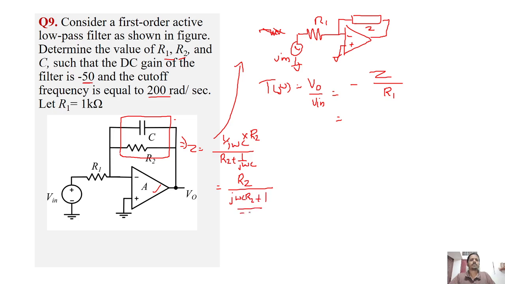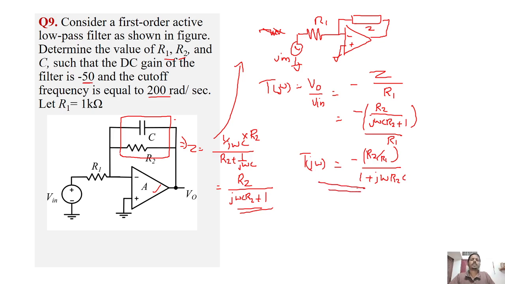This is the net impedance Z. Substituting this here, it will be minus R2 by j omega C R2 plus 1, divided by R1. So minus of R2 by R1 by 1 plus j omega R2C. This is the transfer function.